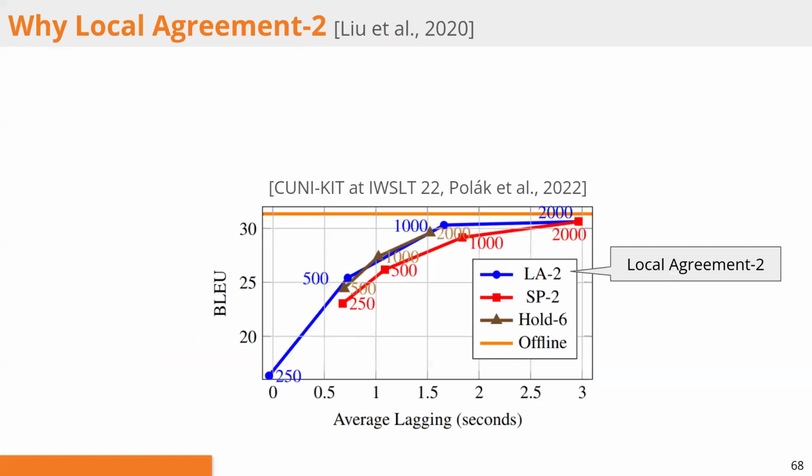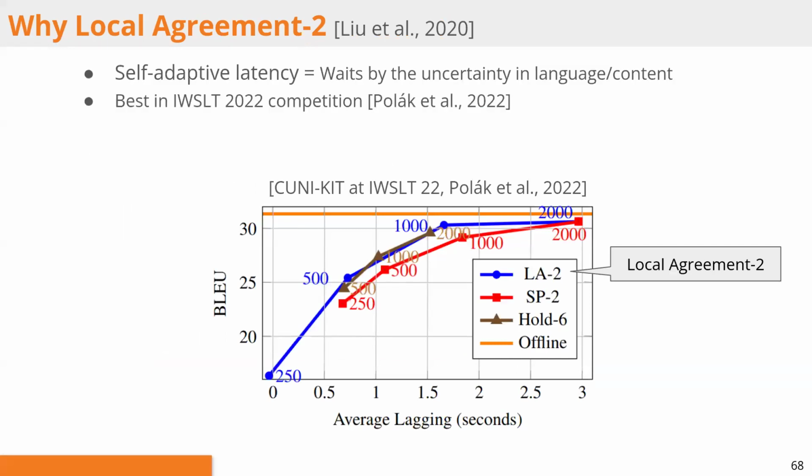Yeah, this is why we use local agreement. And local agreement has self-adaptive latency. It detects on its own whether it should take the risk and produce the output, and then use the produced prefix as the prefix in the next iteration, in the next updates, or whether it should rather wait.